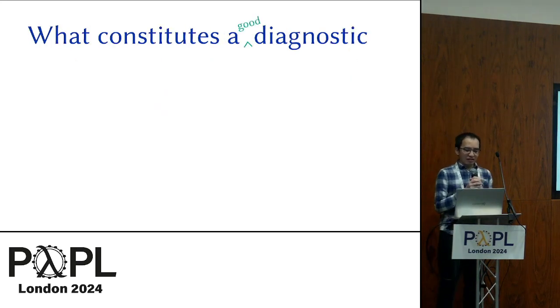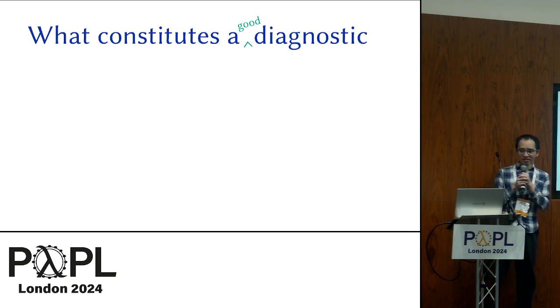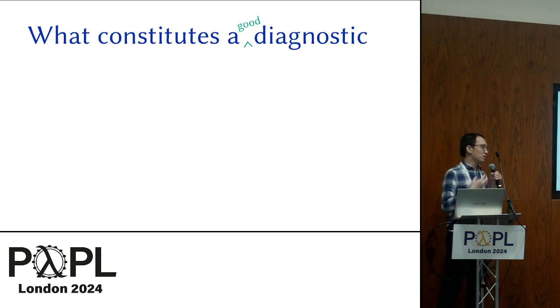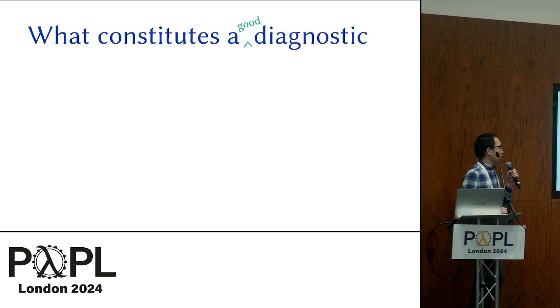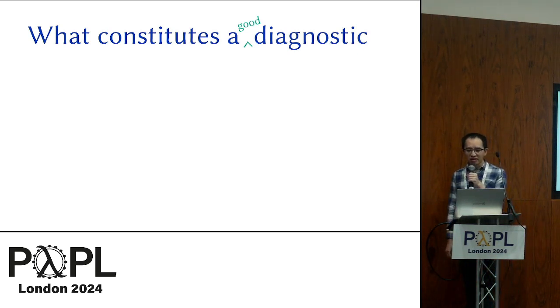So when you are trying to implement compiler diagnostics, you have to worry about many things. In particular, in our case, we are trying to build a general library which should be usable in many cases. So we have to think very hard about what constitutes a good compiler diagnostic.